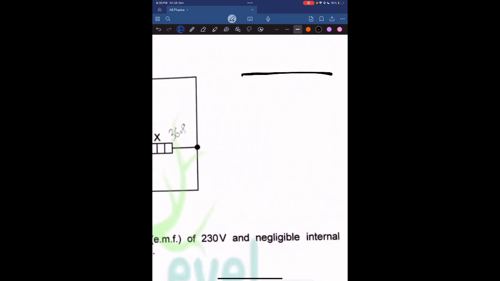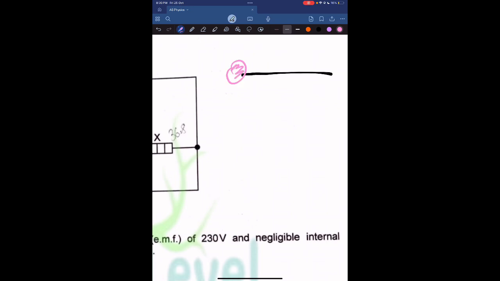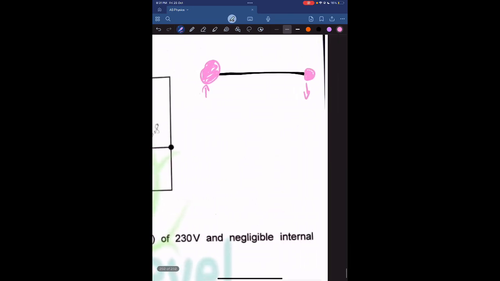If there is a wire here, and this region is more positively charged, and this region is also positively charged, but the magnitude of charge here is greater and the magnitude of charge here is lesser, there is a difference of potential from one point to another. So voltage is just the flow of charges from a higher potential to a lower potential. Since it has a greater potential and there is a lower potential, the charges will flow in this direction. That's all potential difference is.